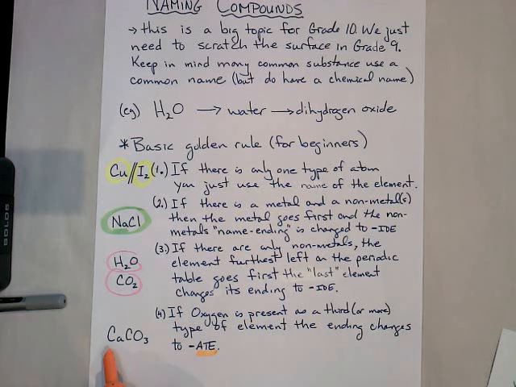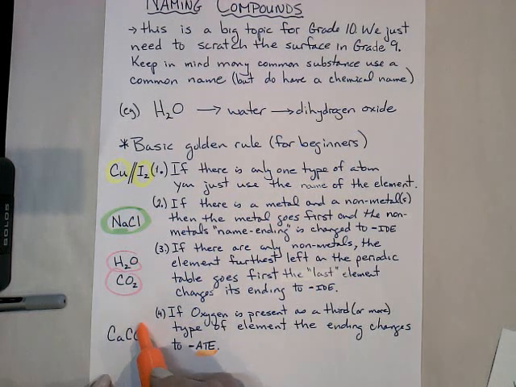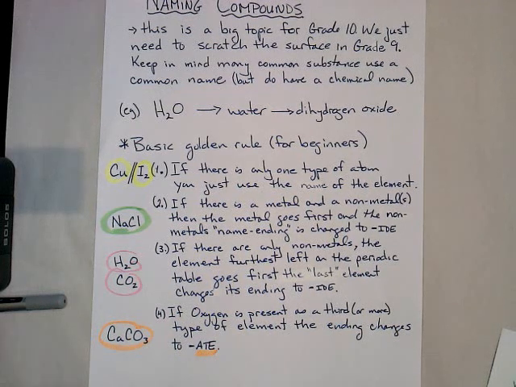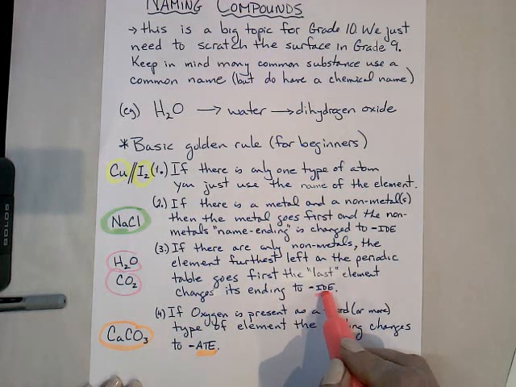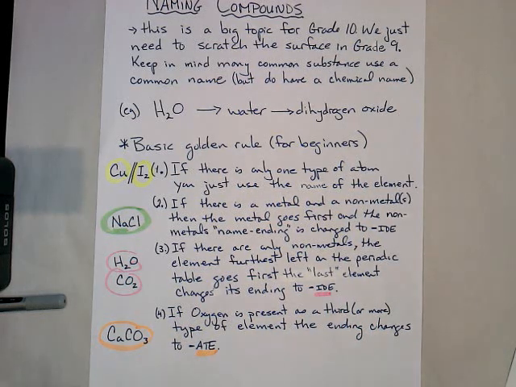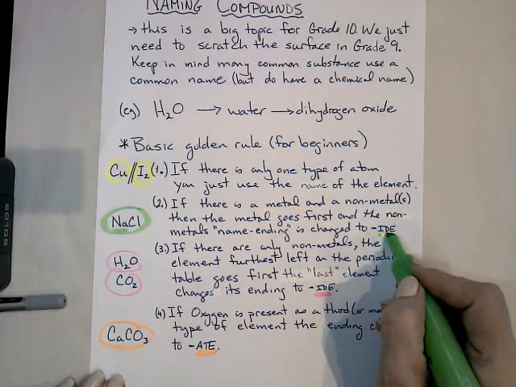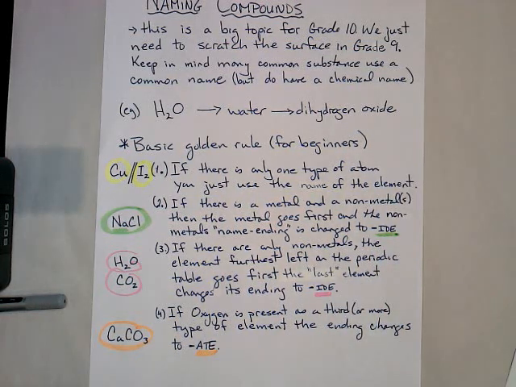And so this is going to be calcium carbonate. And the "ate" tells you that there is oxygen in that formula. And so, it's actually fairly straightforward. I'm just going to underline my "ide" there, and I'm just going to underline the "ate" here. And so those are the 4 basic rules.